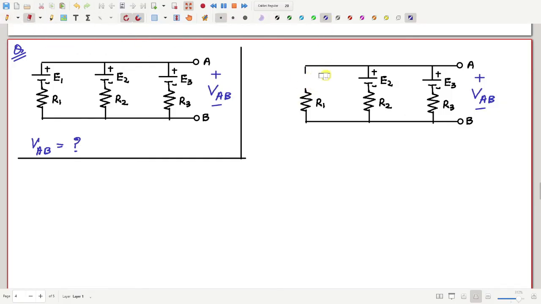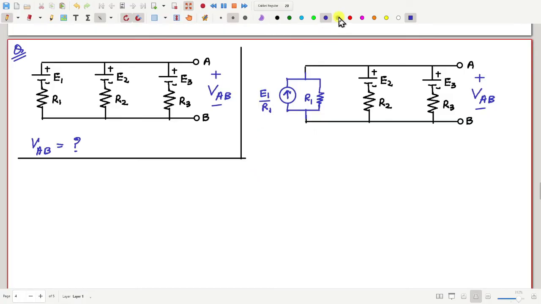So this is a copy of the circuit, and now let me remove this voltage source and this resistance, and in place of that let me put a current source and a parallel resistance like this, and I choose this resistance value to be same as R1, and I choose this current value to be E1 by R1.